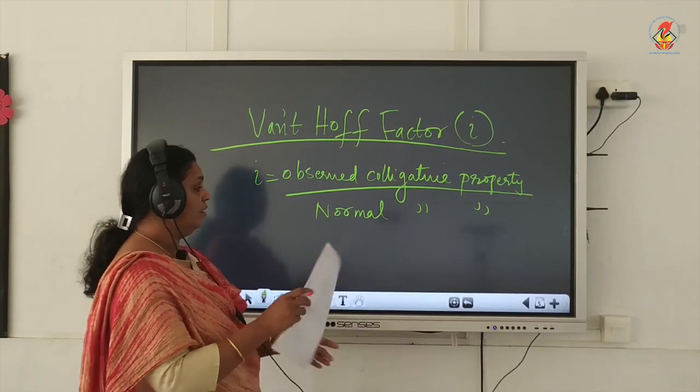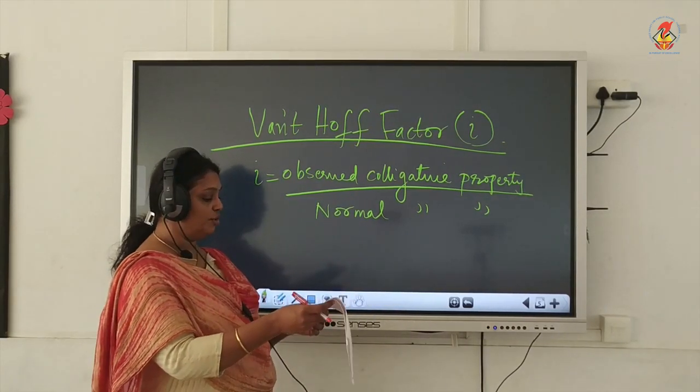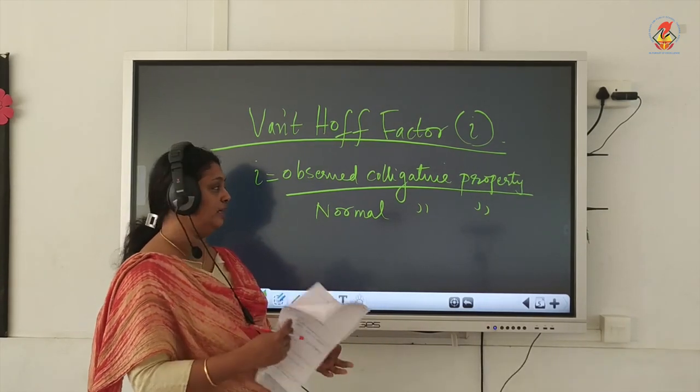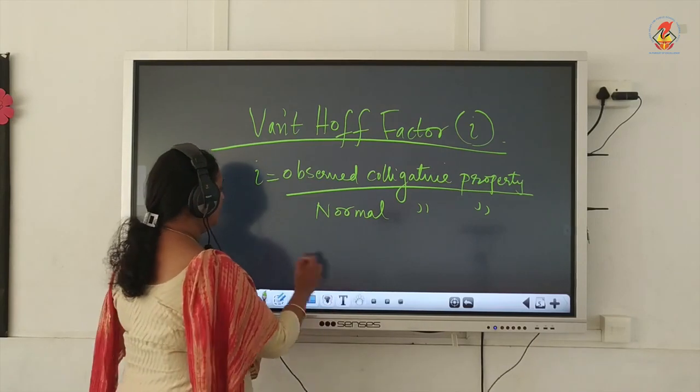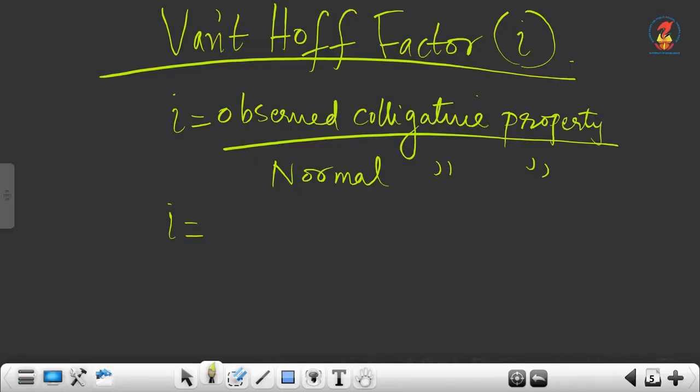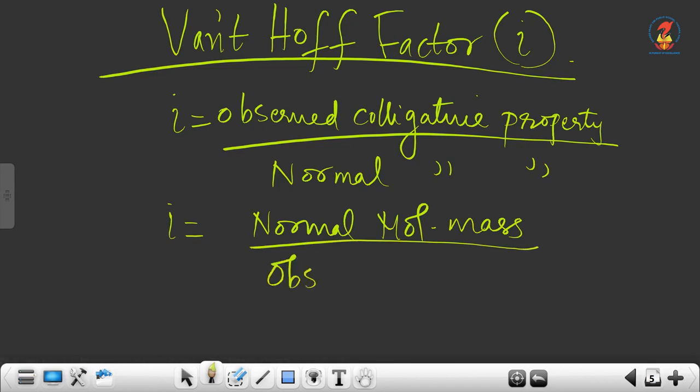Now, if you write this in terms of molecular mass, colligative property and molecular mass are inversely proportional. So, i is equal to normal molecular mass divided by observed molecular mass.